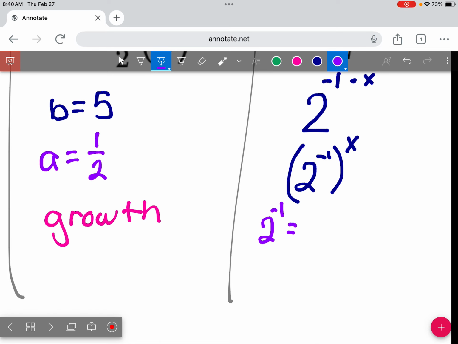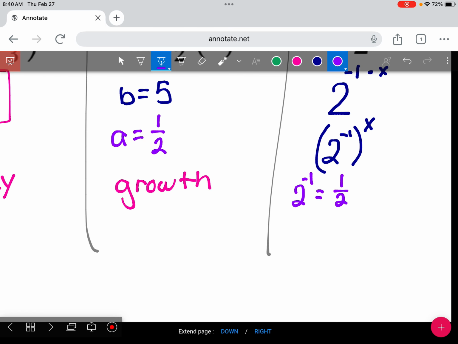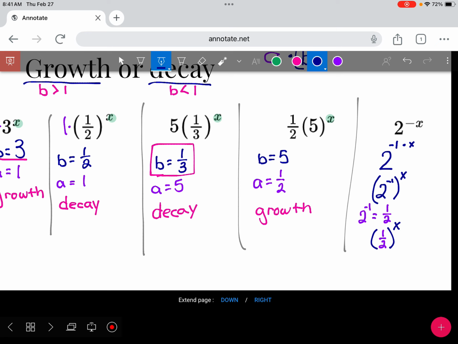1/2. So what does a negative exponent do? It gives us the reciprocal. So 2 to the -1 is the same thing as 1/2. So this thing is really the same as 1/2 to the x. So 2 to the -x is the same thing as 1/2 to the x. So is this growth or decay?